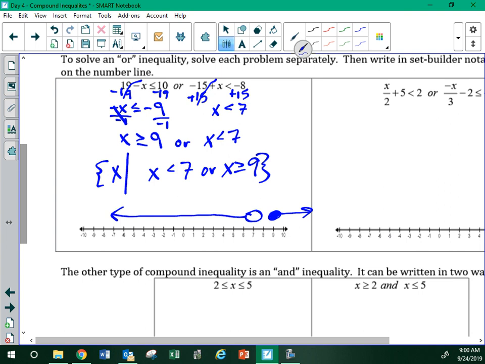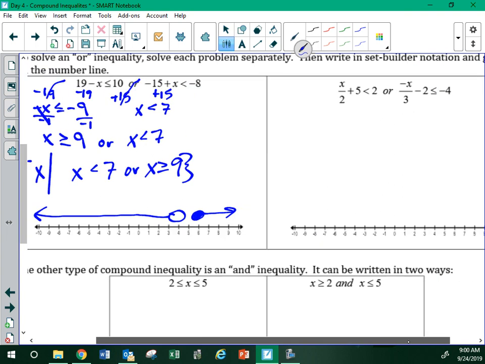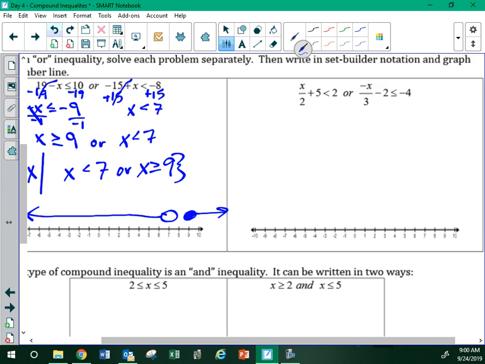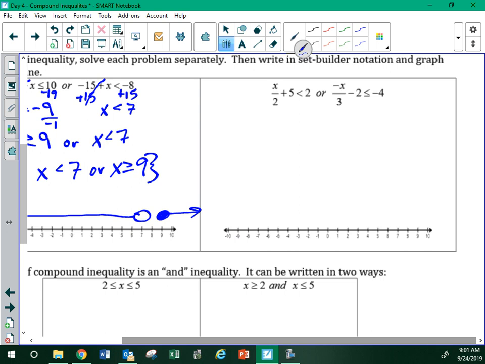Okay, so let's take a look at our next one over here. All right, so same idea. We have some ors, but we have to deal with some fractions, but the exact same thing that we were doing the last 2 classes. We're just going to have to do it twice. So let's start off by solving the one on the left.